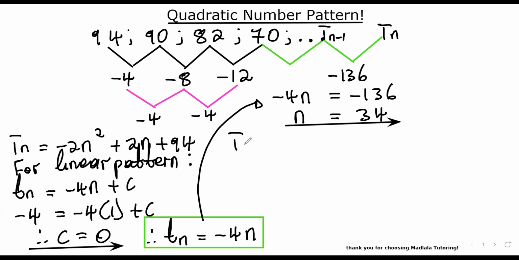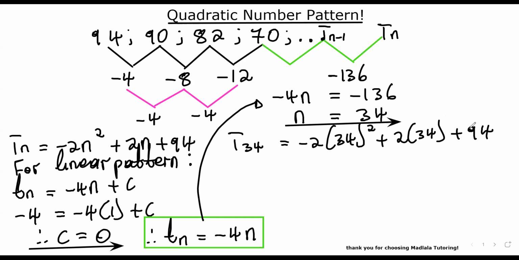So we go and say, okay, fine, we want to find term number 34. So it's negative 2 into 34 squared plus 2 into 34 plus 94. And let's see how much we get. So the value of this one is negative 2150. What about term number 35?